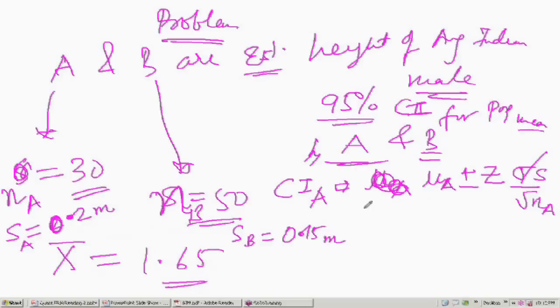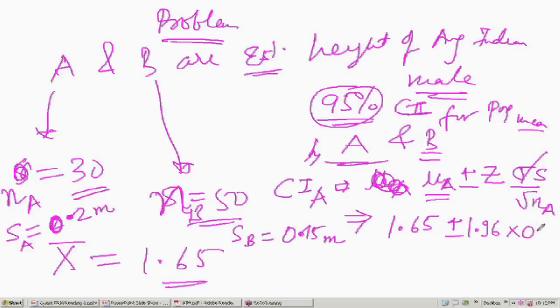Can I say the confidence interval of A will be mu of A? What is mu of A? 1.65, plus minus, what is the value of Z for 95%? Can I say it will be 1.96, into the standard deviation, which for this guy is 0.2, divided by, let's say rather than 30 we take 36, so root of 36.